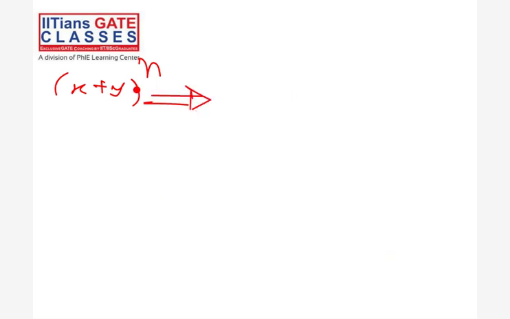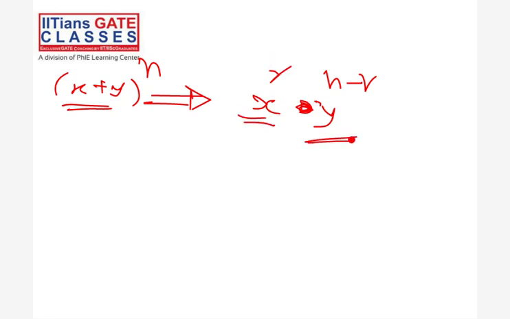So you see, this is our formula, and let's assume that we got x power r. Let's assume that we got r x's. So how many y's will there be? Automatically, n minus r, because if we have r x's, then we will have n minus r y's, right?